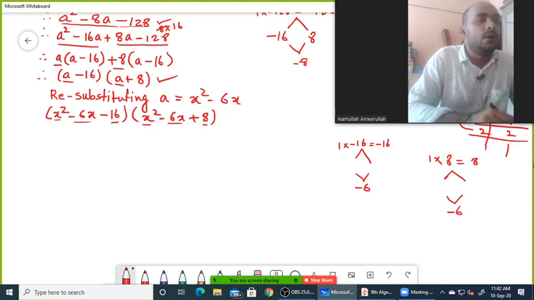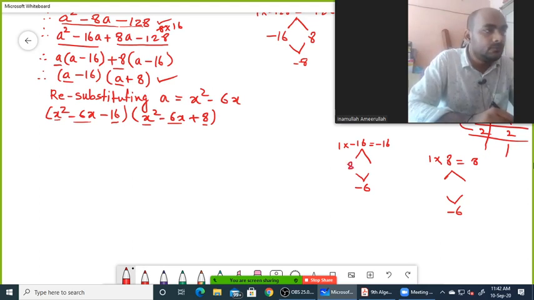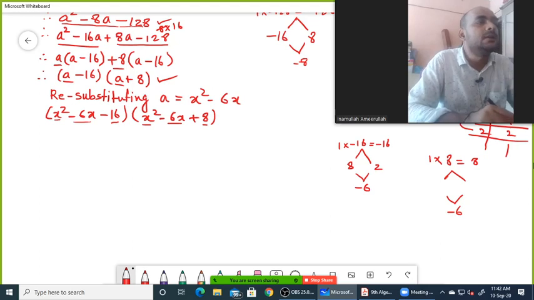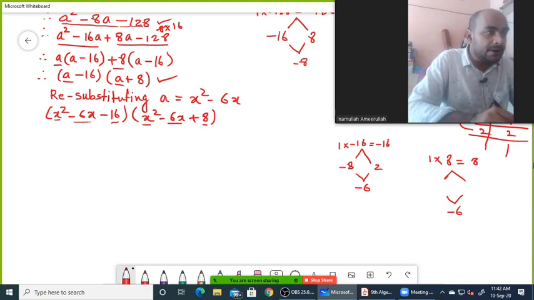So we need minus 16. We can take 8 and 16. When we subtract 8 from 16, we get 8, but we need minus 6 with product minus 16. So minus 8 and plus 2 can be taken.